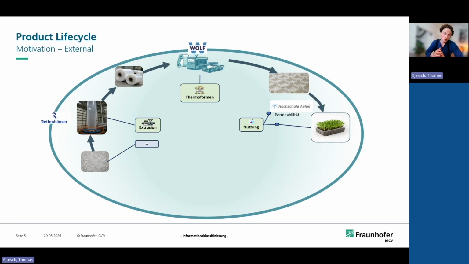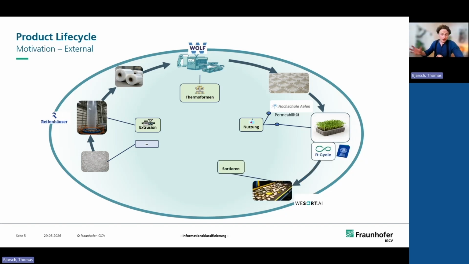They go to Hochschule Aalen, which do plenty of material characterizations, for example, tensile tests, viscosity tests, or measuring the geometry of the trays, not only of the trays, but also for all other elements like the foils and the granulate. The trays then go to WeSort AI, which have a camera-based technology to sort different types of material.